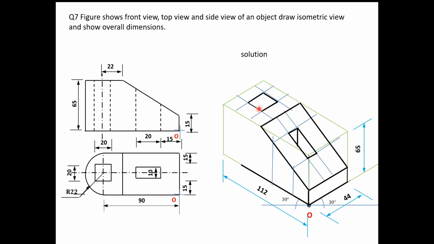So we will complete this box, and after that again we will do the construction for the circle, and we will complete this circle, and last is remove this edge. So in this way we have completed these questions.